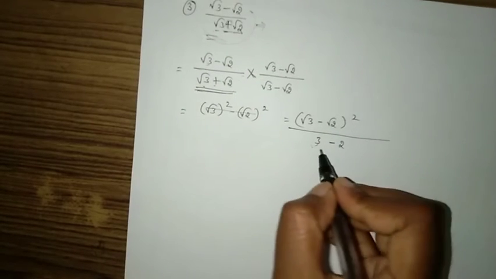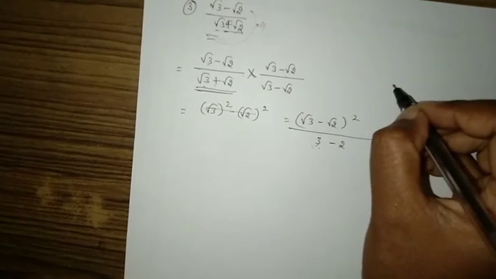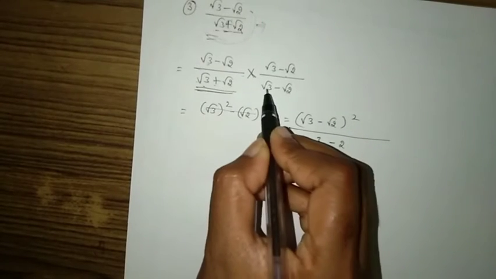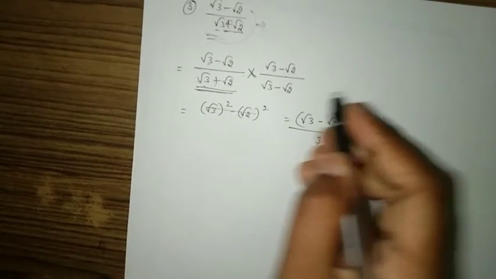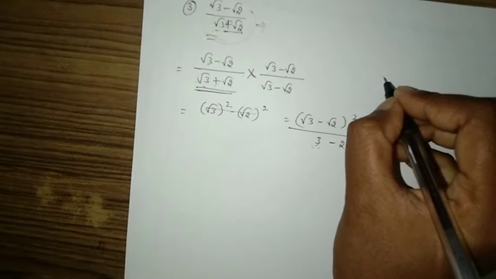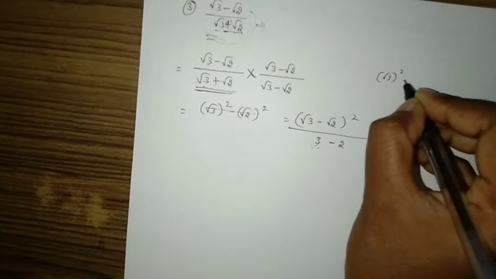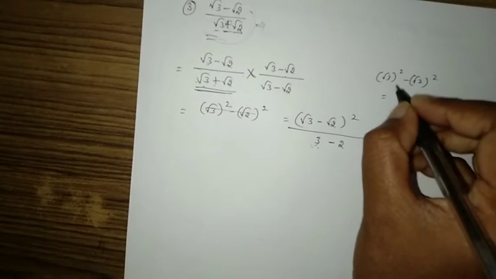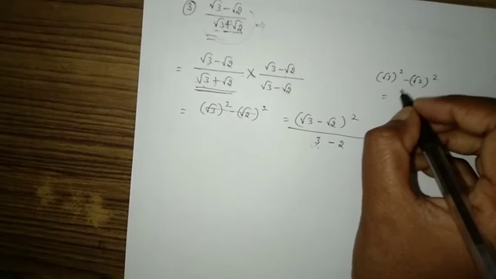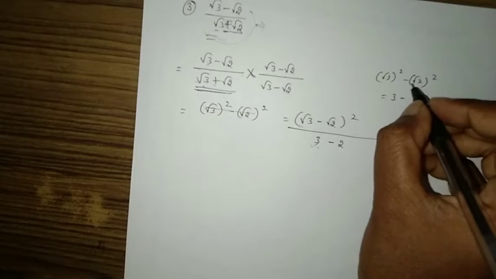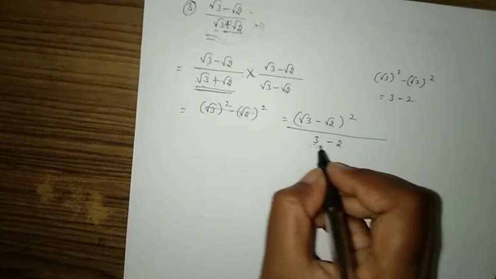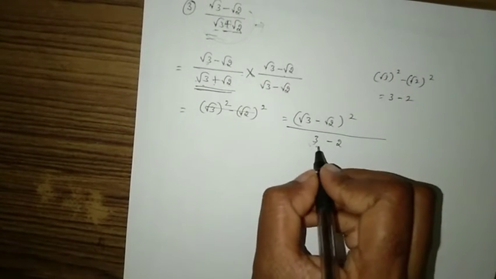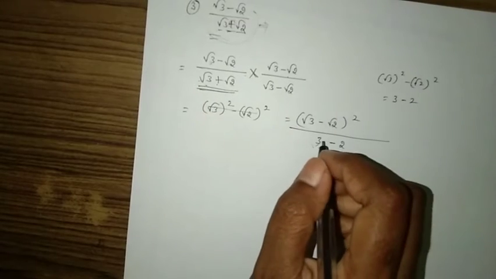How it becomes 3 minus 2 means, a plus b into a minus b they given, right? That becomes a square minus b square, that is root 3 whole square minus root 2 whole square, right? What we get, root 3 whole square means 3 minus root 2 whole square means 2. That I write as 3 minus 2 here.